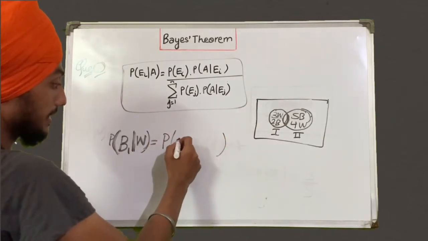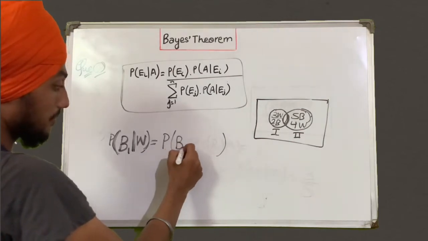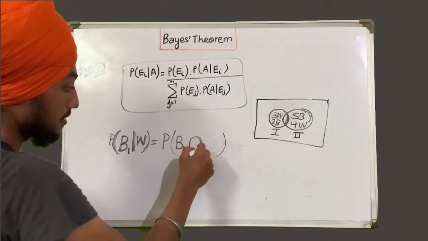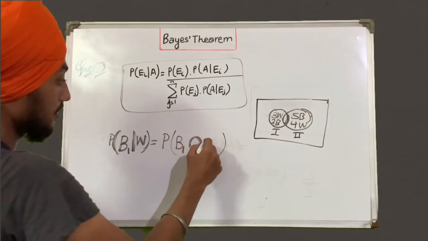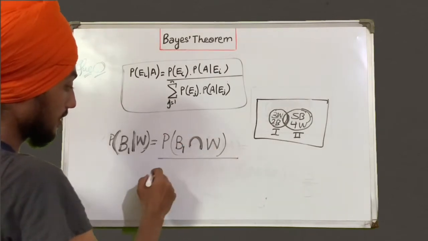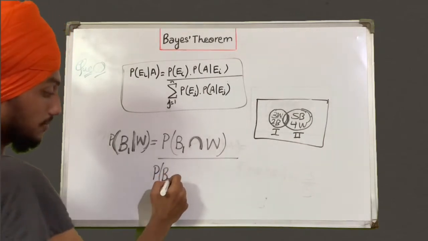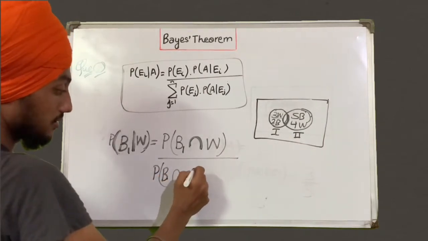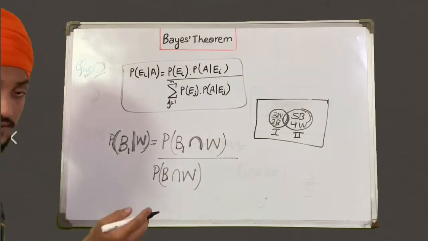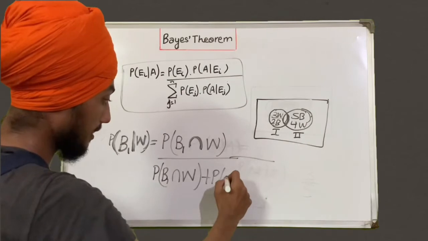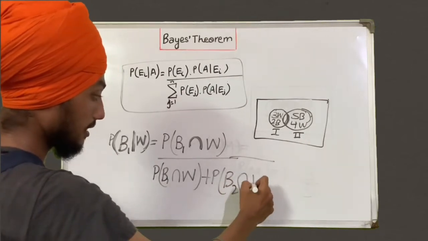So we find the probability that the ball is from bag number 1 and is white, divided by the probability that the ball is white.